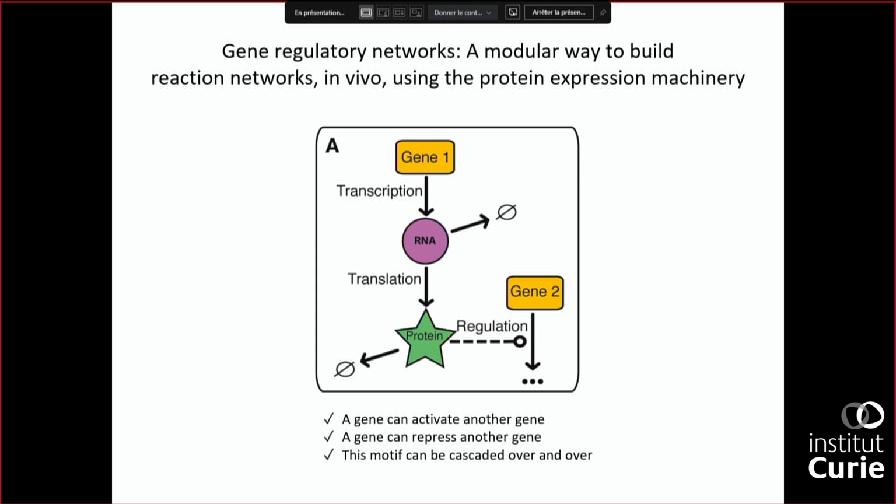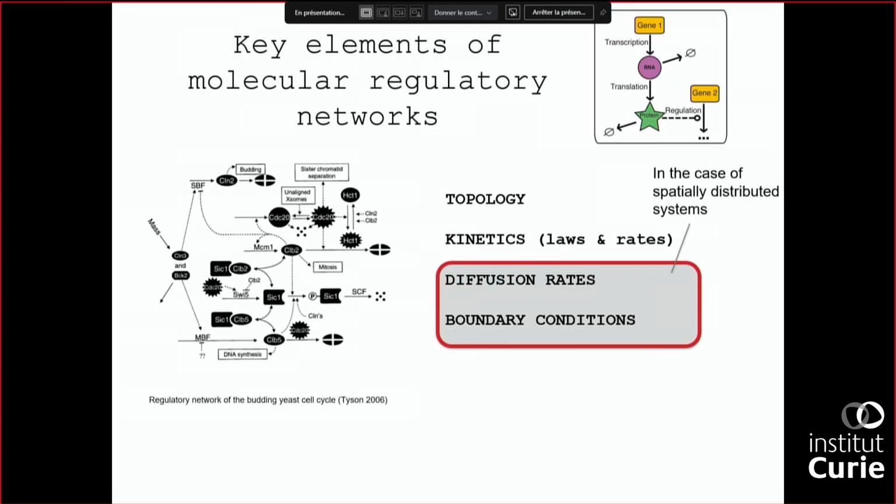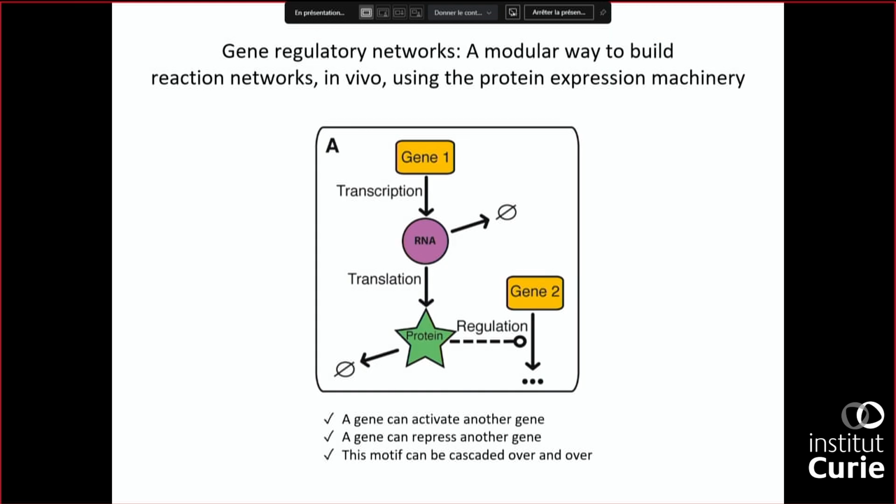They don't have a catalytic function. They don't have a structural function. The only function is to regulate the expression of another gene. So we express a protein from a gene just to affect the expression of another gene into another protein.